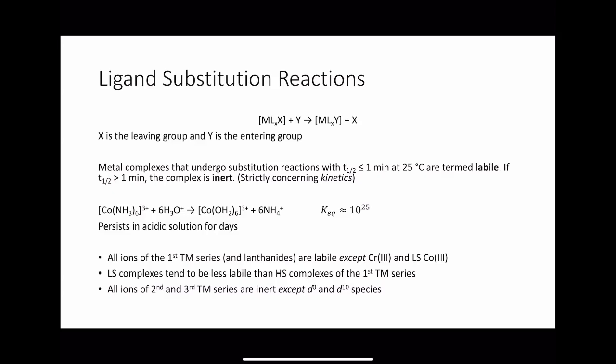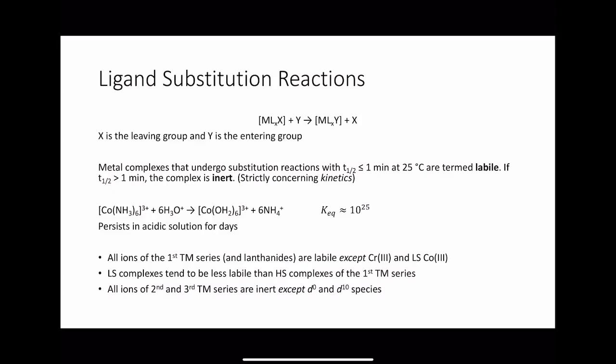So an example would be if we have hexaammine cobalt(III) in an acidic solution, so adding 6 H3O+ to it, we'll produce the hexaaqua cobalt(III) and 6 ammonium ions. The equilibrium constant associated with this is about 10 to the 25th. This means it's an incredibly product-favored reaction.